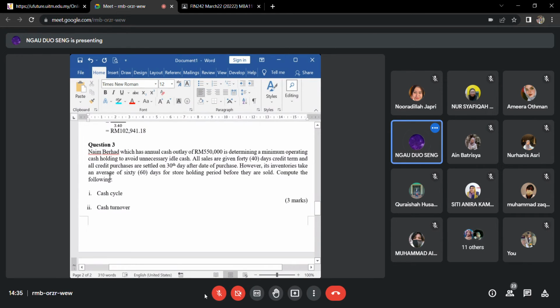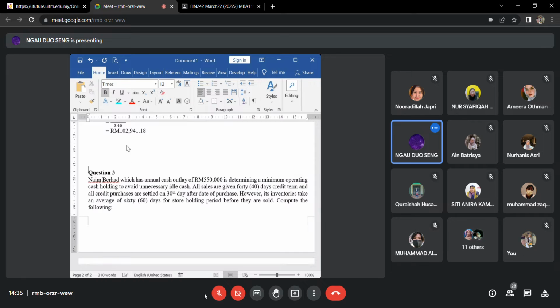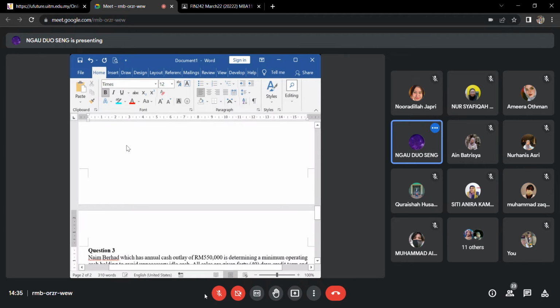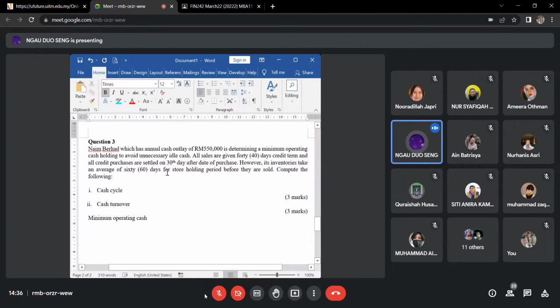Question 3. Naim Berhad, which has annual cash outlay of 550,000, is determining a minimum operating cash holding to avoid unnecessary idle cash.